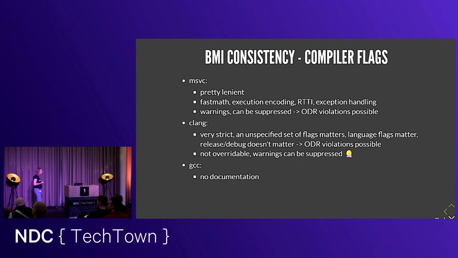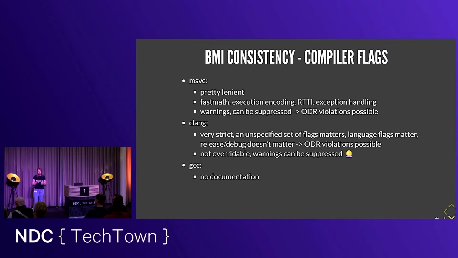And MSVC has just a few different flags that you can give, and it looks at them and says, oh, these don't match up, but it's more like a warning that you can ignore and still go ahead. And in some cases, or even in many cases, this just works. Whereas Clang has so many compiler flags that make the perceived ABI of a BMI or a translation unit not match up.